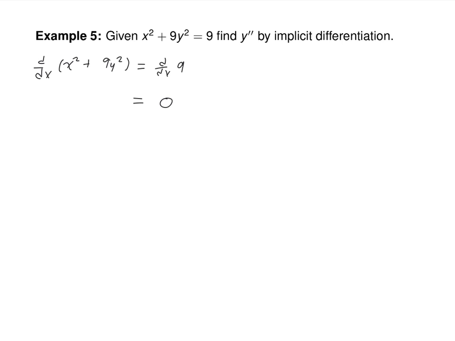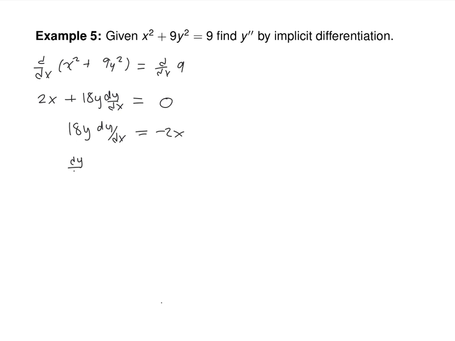So what's the derivative of x squared? And then we'll have plus. Yep. So this is 18y dy dx equals negative 2x, right?